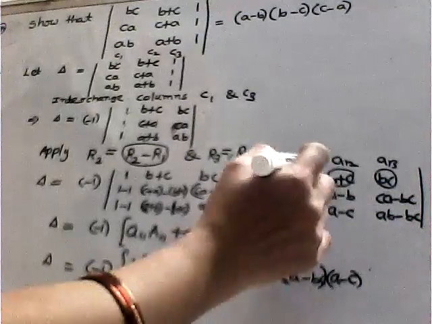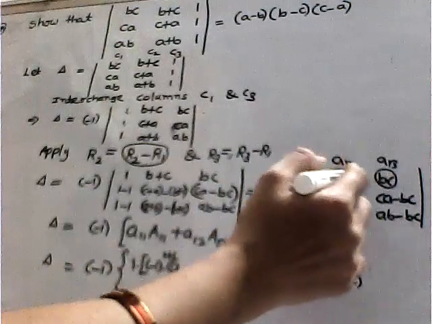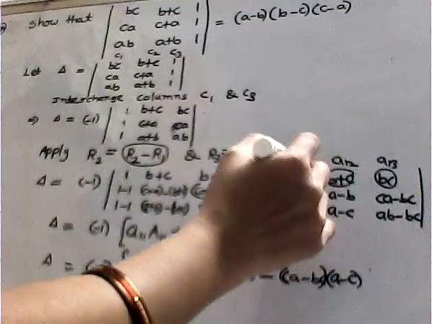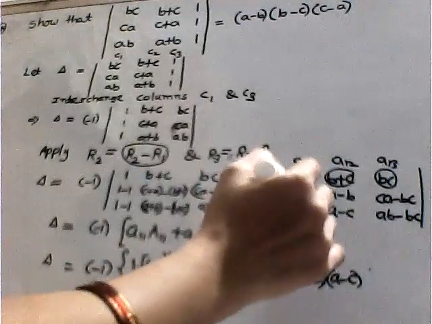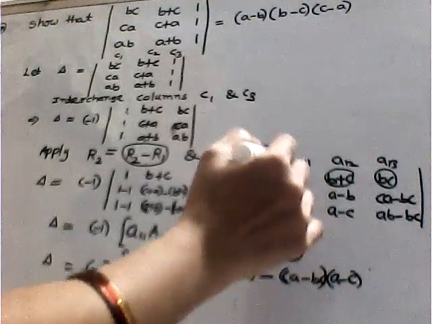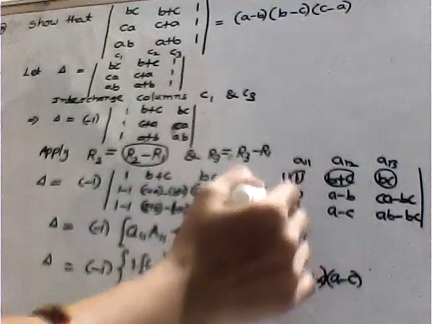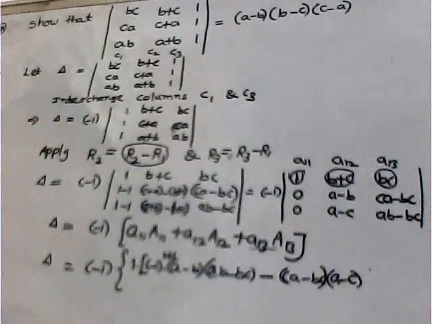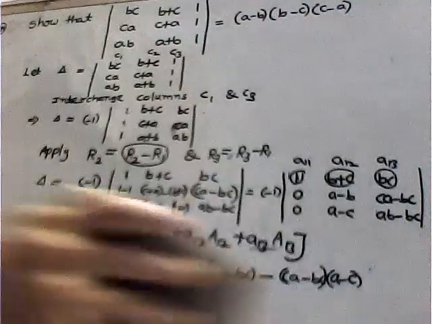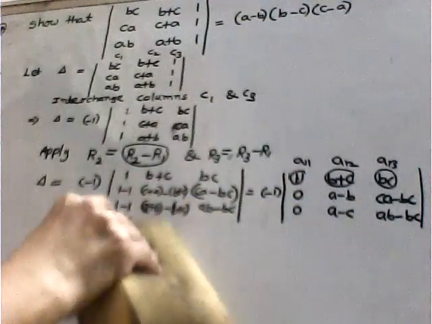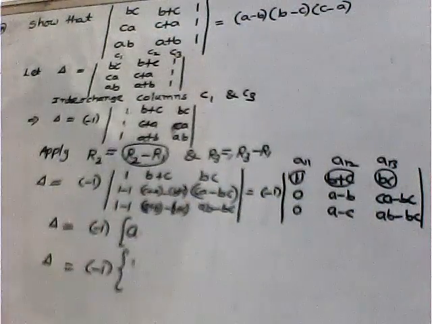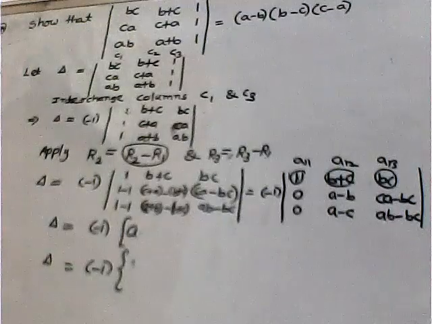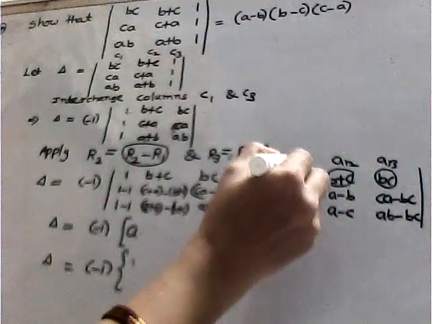According to the first row this will not work out, so we take the expansion by first column. By expansion by first column we get this value.